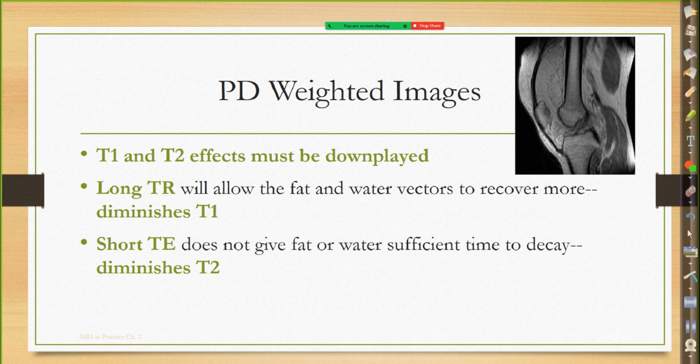And when it comes to PD, proton density weighted images, you actually have to downplay the effects of T1 and T2, right? Because all we're concerned about is the spin density within certain voxels. And how we do that is by selecting a long TR, which will allow all those vectors to fully recover, and a very short TE to not allow those vectors to decay.